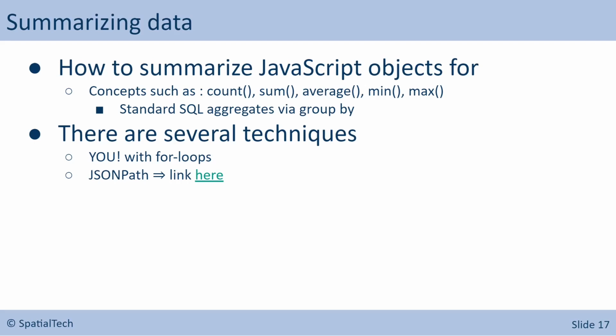It works very much like XPath, and it has a query syntax that can do these concepts. There's also JSONata, which is kind of like an improvement to JSONPath by IBM to make it more flexible to do your queries. But it's almost like learning another language, if I'm honest. With the for loop, at least you're still in JavaScript doing your own thing. Or you can incorporate these technologies.